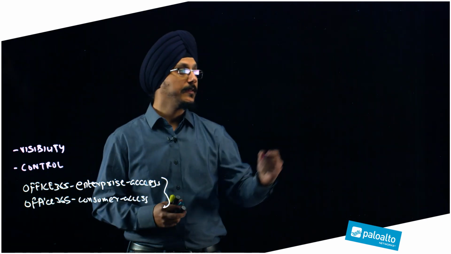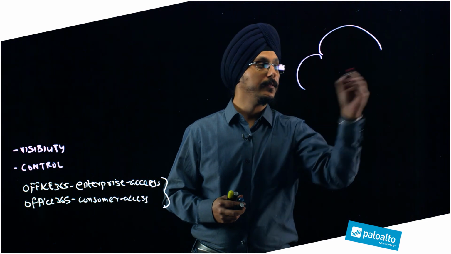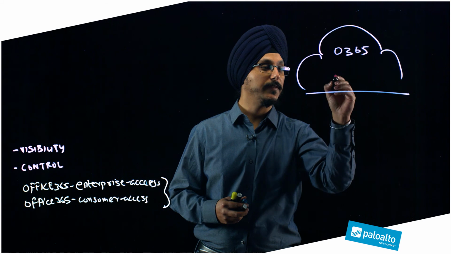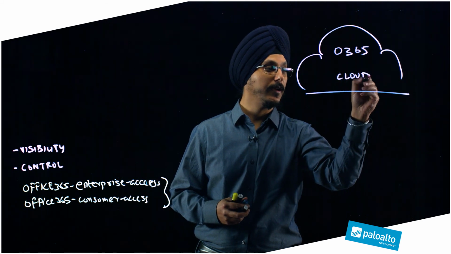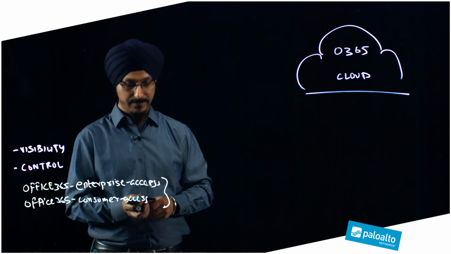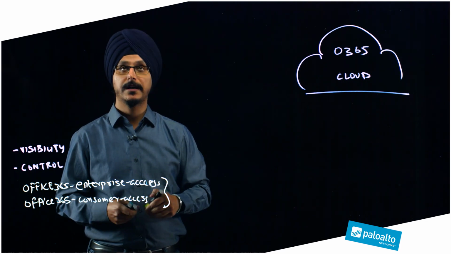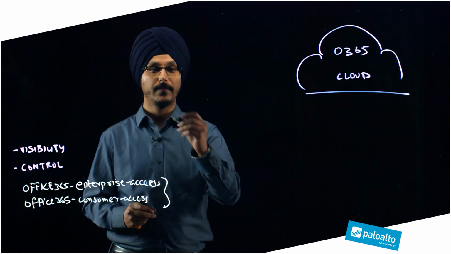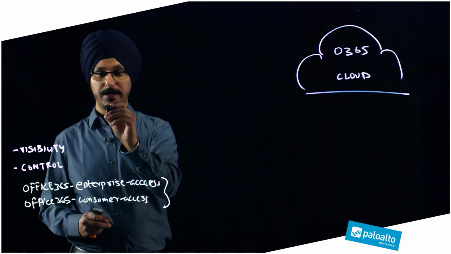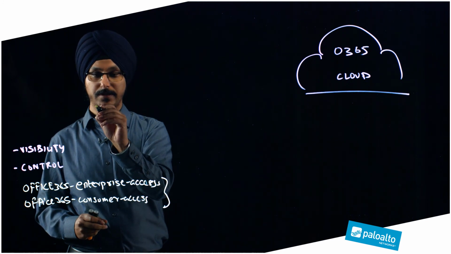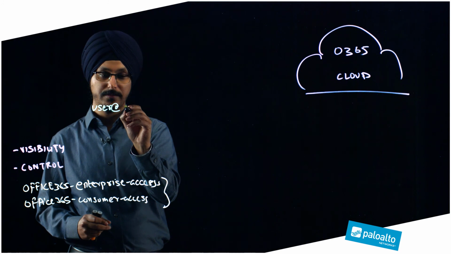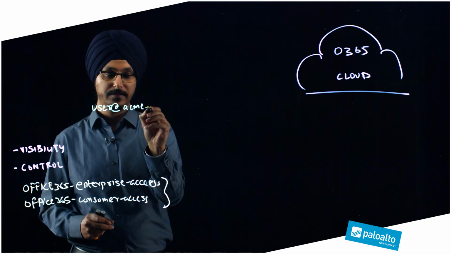So let's imagine this is the Office 365 cloud, out of which Office 365 services are provided. We have an enterprise account here. We have users here of the type user at acme.org.